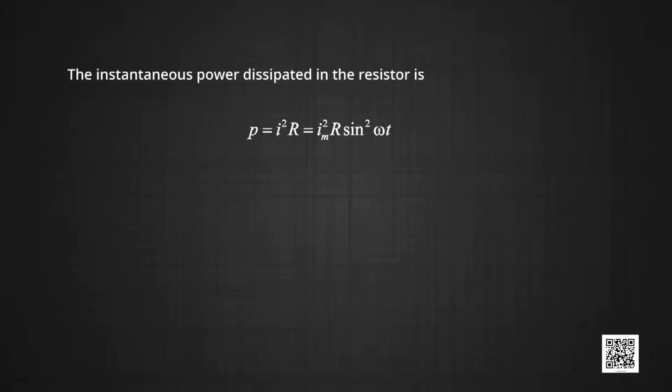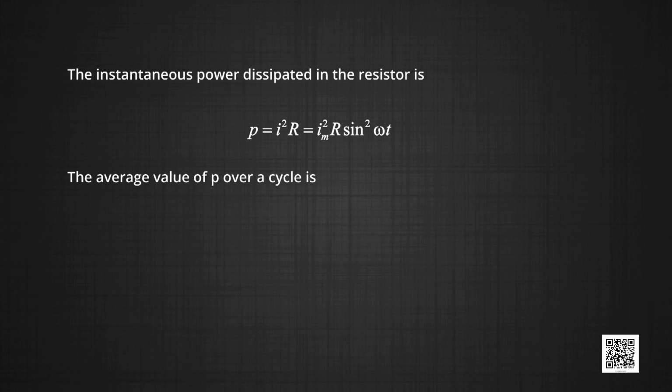As we know, a whole house energy monitor measures the energy used by appliances connected to house mains. To understand how it does, it is useful to know something about how appliances interact with the electrical system. In the previous part of the module, we had the following conclusion: the instantaneous power dissipated in the resistor is P = I squared R, which is equal to I squared RMS R sin squared omega t.